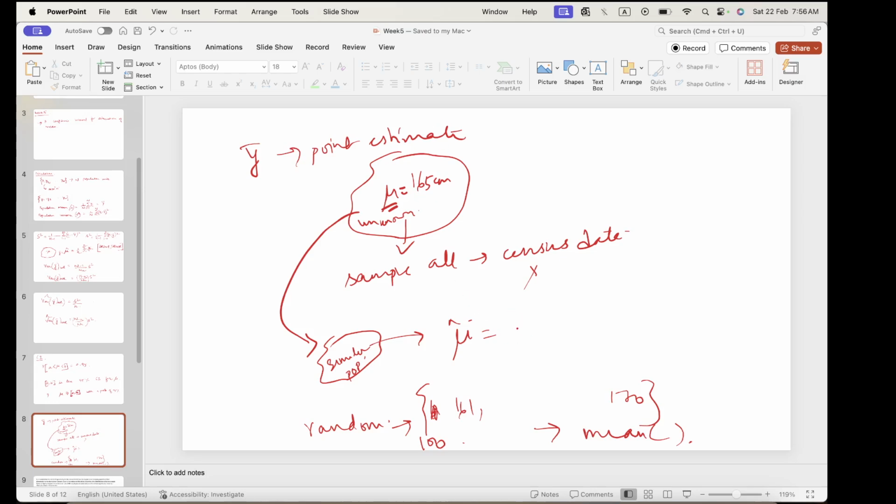I could get 164.5, I could get 166.7, I could even get something way off like 170.5. That depends on the sample I get, and associated with mu hat I'm going to get a standard error.